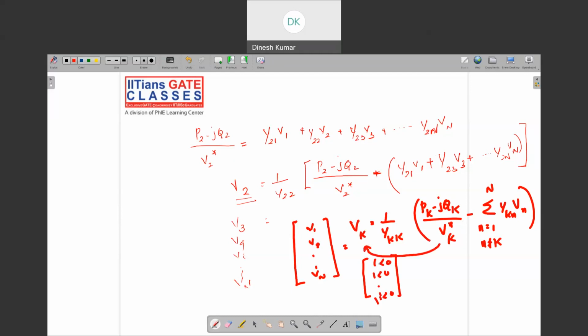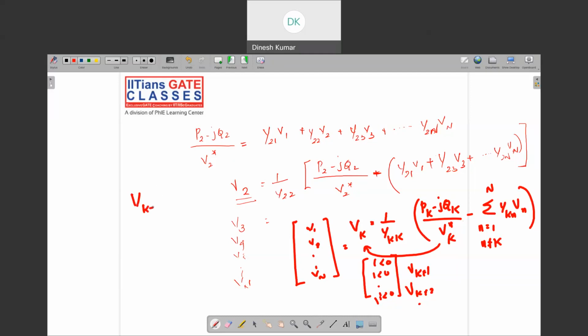So use the new value of Vk and all the values of Vk to find Vk plus 1, then Vk plus 2, like that. So now use the new vector to compute it again. Iteratively, we can solve this again. So at some place, you will reach something like this.